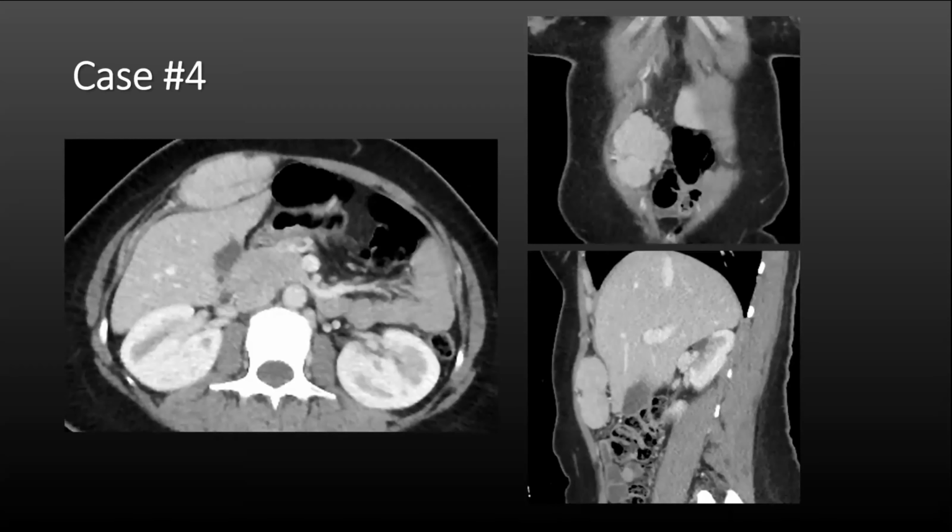And here are the static images. I'll give you a couple of seconds to look at it before launching the polling. Okay. So what's the most likely diagnosis?